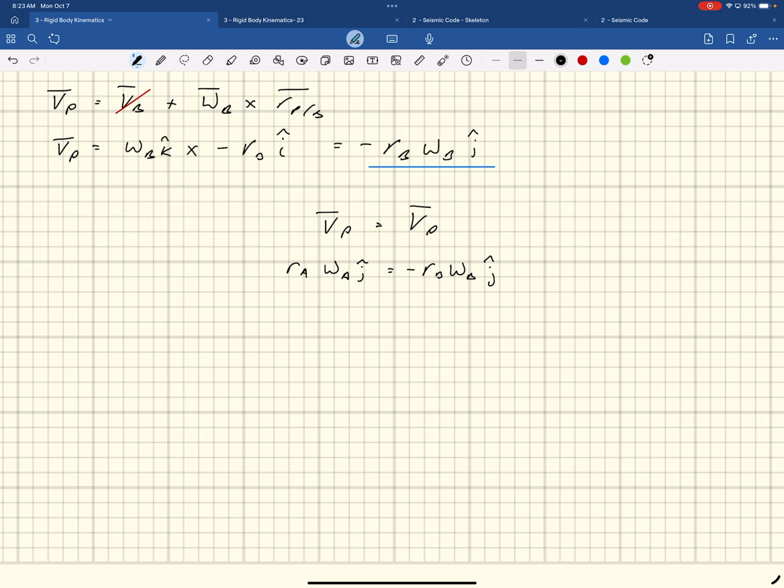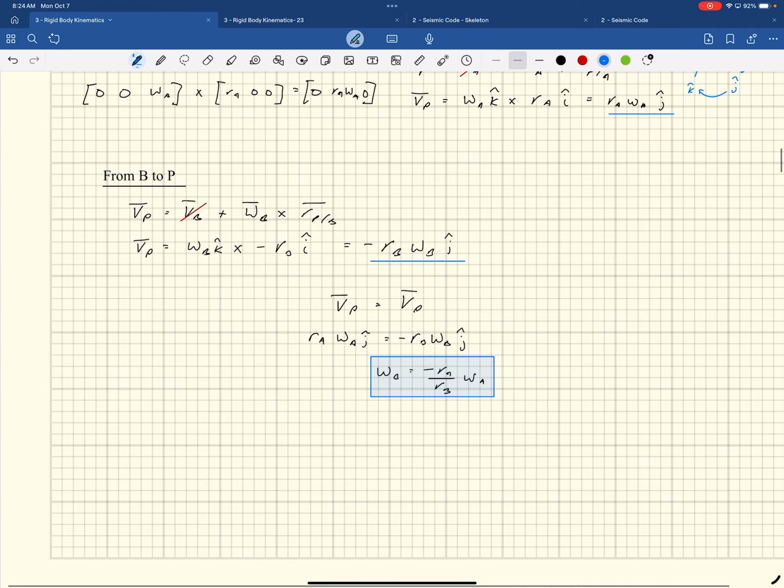Good thing they're both in the J direction, otherwise we'd be in trouble. So there's a relationship: omega B is equal to negative RA over RB times omega A. There's the negative they're looking for.